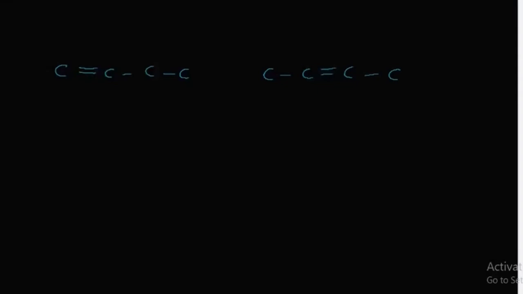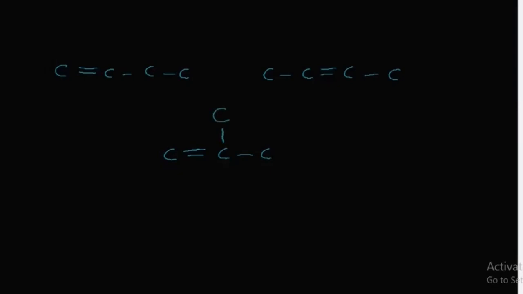This is the double bond between first and second carbon, and this is between second and third carbon atom. Now, I can draw another structure in which I keep the double bond at the same position between first and second carbon atom, but I change the length of the carbon chain by making the fourth carbon atom here.